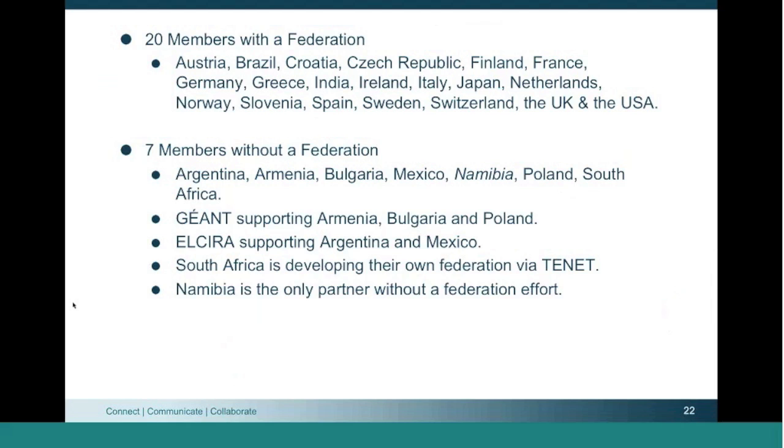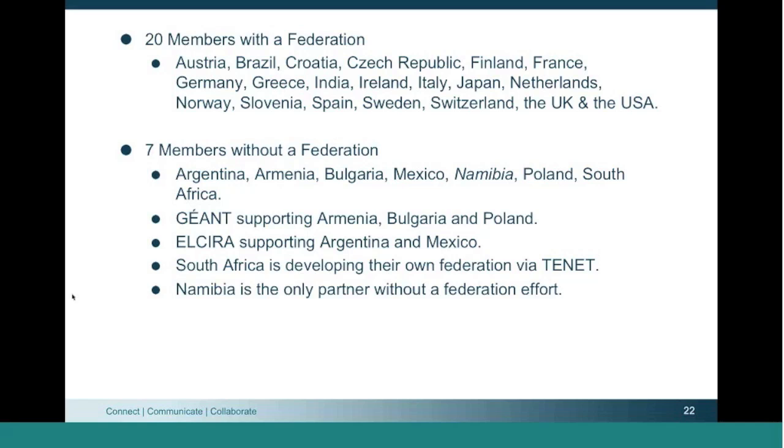So 20 CTA members with a federation, and that's the list. 7 currently without, and Argentina and Mexico are supported by the El Cira project, and in fact, the one institution in Mexico does have an identity provider. They've done some work with the Science Gateway people, and I believe the guys from Catania. So they actually have an identity provider, and will hopefully be able to move quickly towards establishing a federation, and will actually cover what is required for CTA.